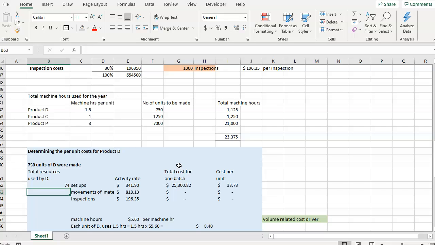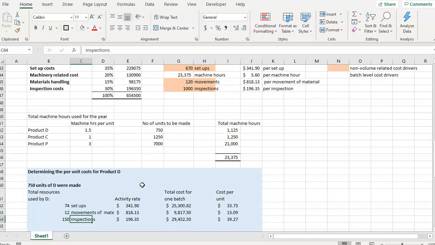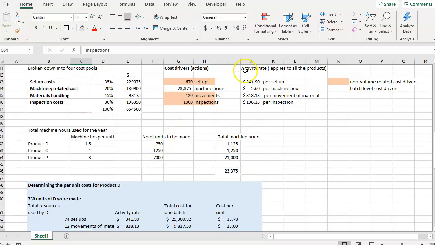D had 12 movements. And D had 150 inspections. If that is the case, and the activity rate for the setup is $341.90, here it is up here, $341.90.